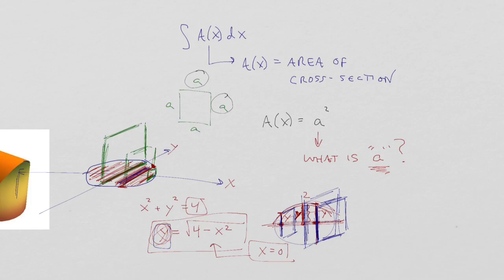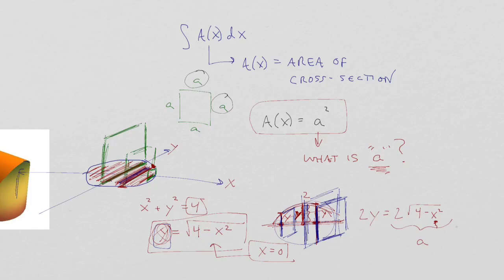So 2 times y, which in my case here would be 2 times the square root of 4 minus x squared. This is the length of the side of a square for any value of x within this circle. This is A. So knowing that, I can actually figure out what A of x is.